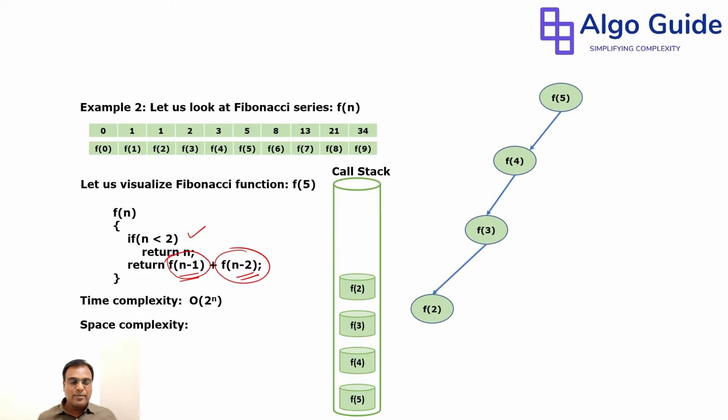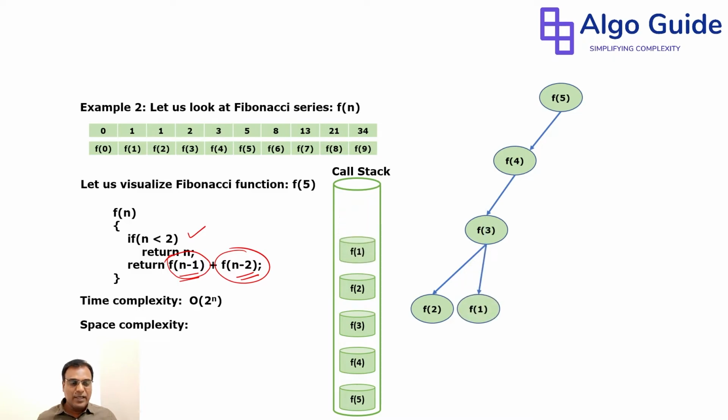So this keeps on adding to the call stack and removing from the call stack. The functions get called and removed from the call stack. At any given point of time, the maximum number of calls in the call stack will not exceed n.